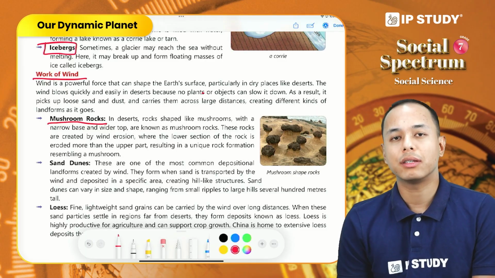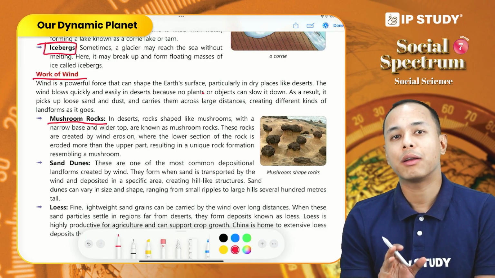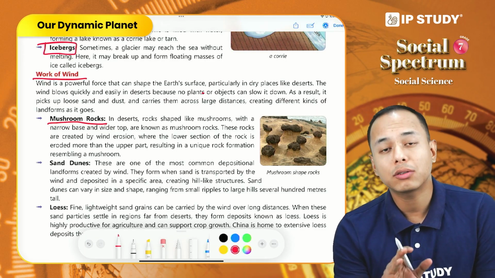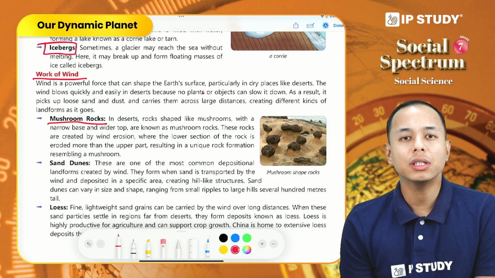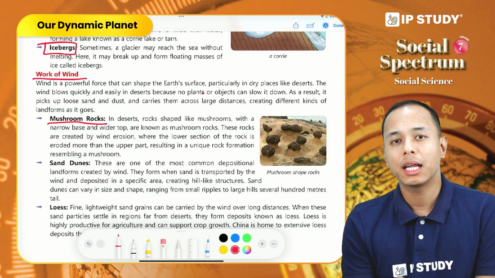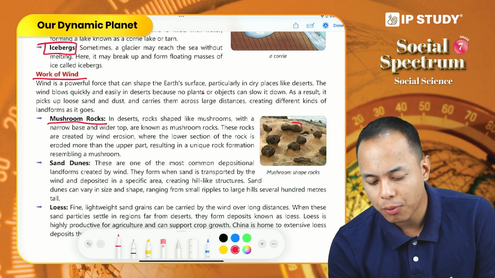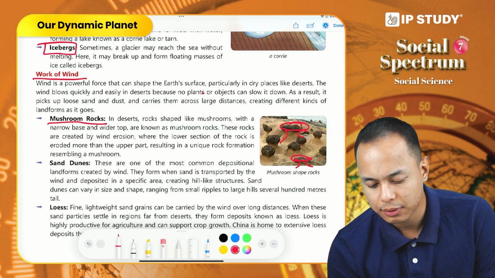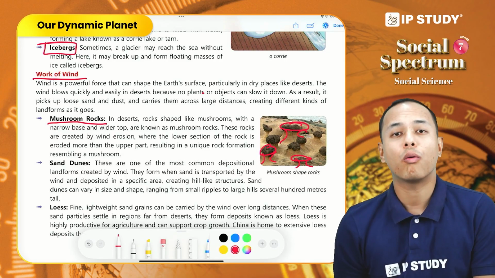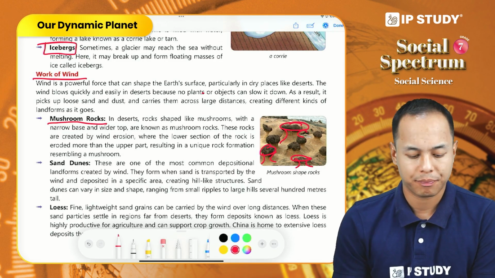So in the desert region, these rocks are formed when the lower portion of the rock is eroded much more than the upper portion. As a result, a mushroom shaped rock is formed. If you can see here, it has a wider top and narrow base.